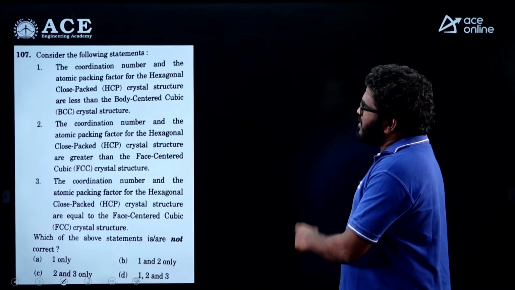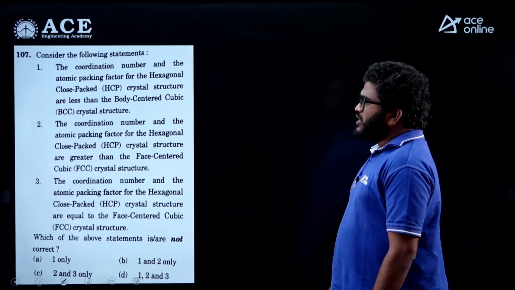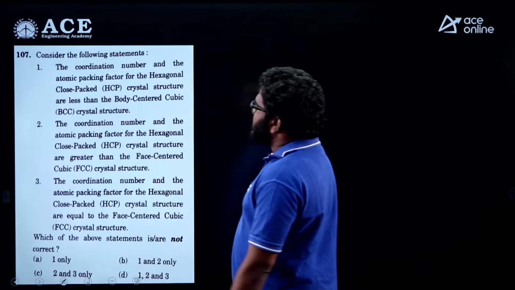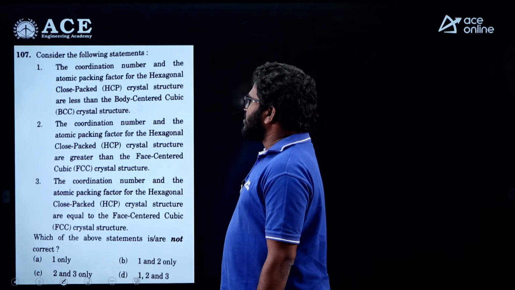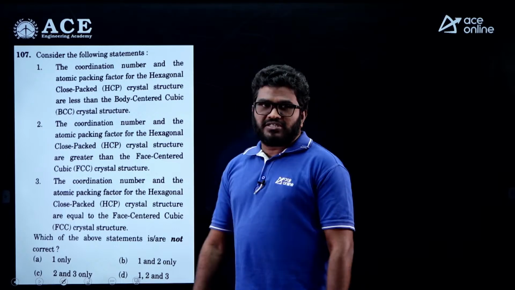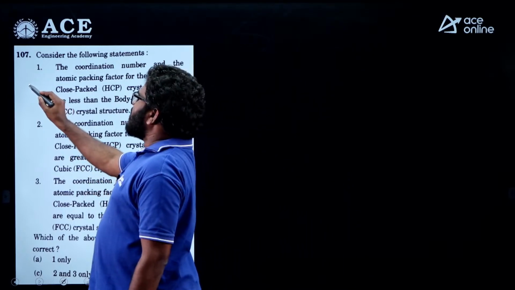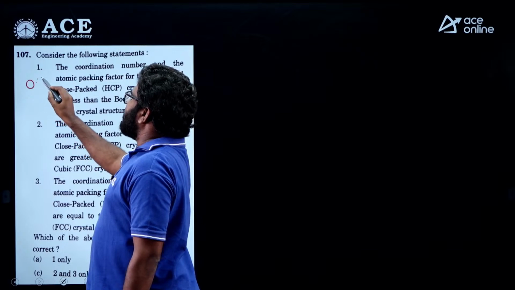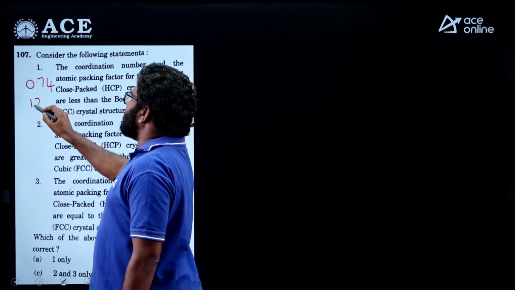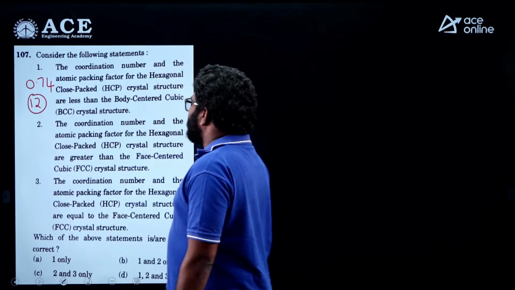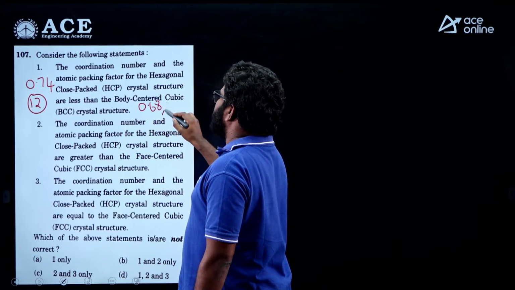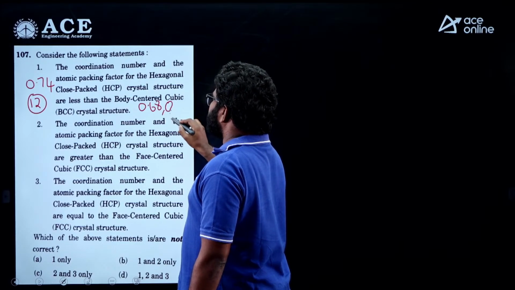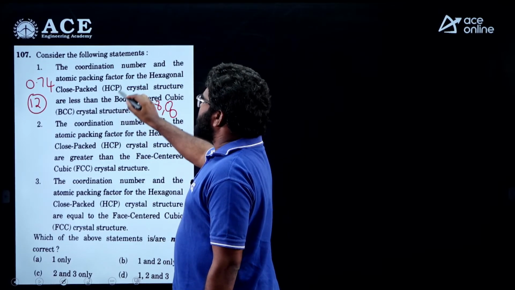Very simple question. Next, consider the following statements. The coordination number and atomic packing factor of hexagonal close packed crystal structures are less than the body centered cubic structure. See, hexagonal close packed has an atomic packing factor of 0.74 and coordination number 12. BCC has an atomic packing factor of 0.68 and coordination number of only 8. So this is not correct.